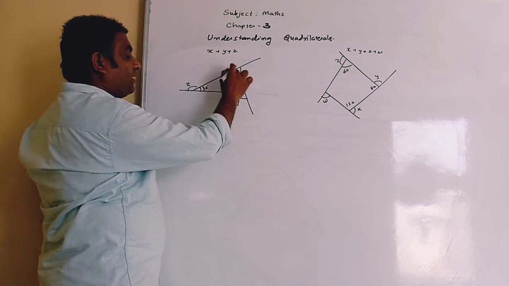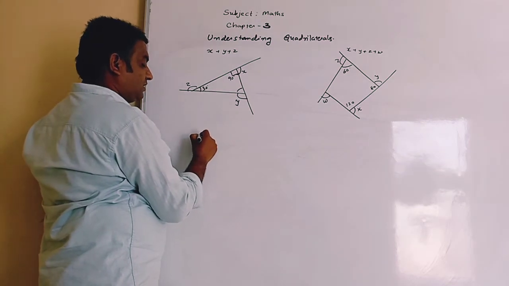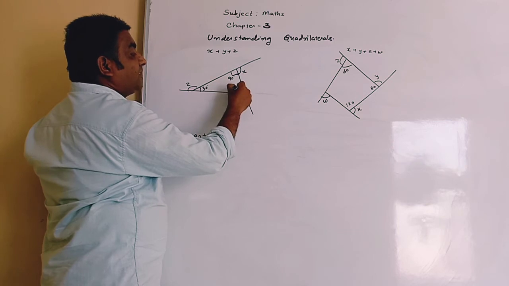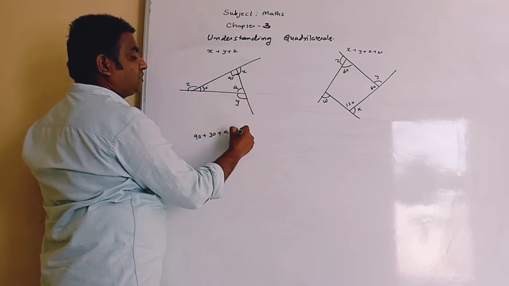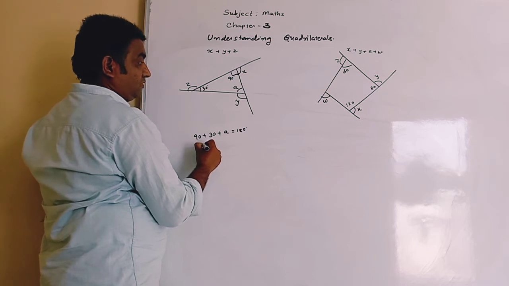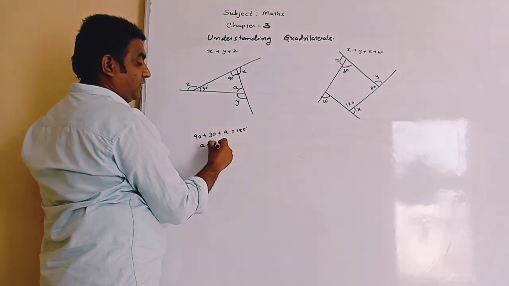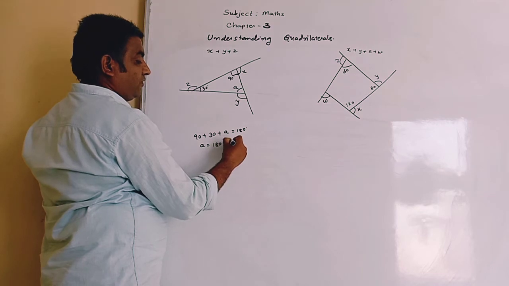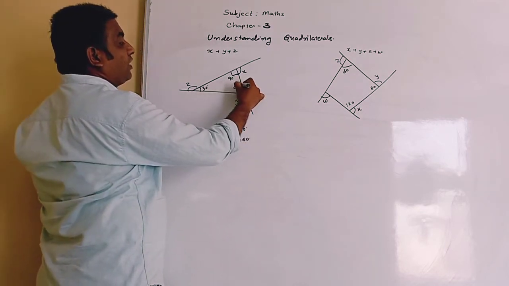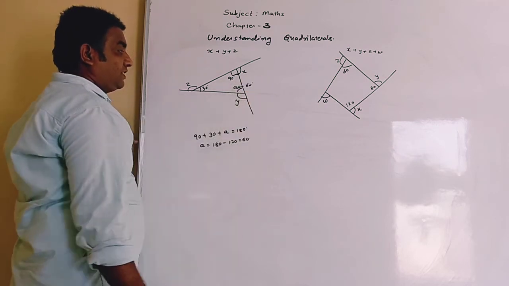It is a triangle, so by the angle sum property, 90 plus 30 plus this angle, which we call a, equals 180. Then a equals 180 minus 120, which is 60, so this angle is 60 degrees.